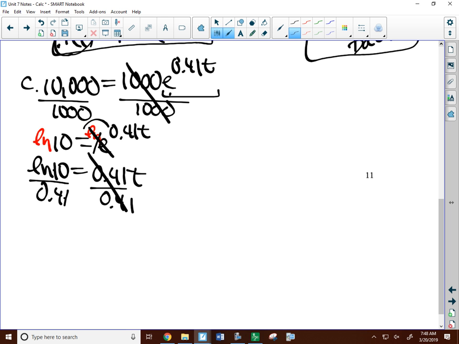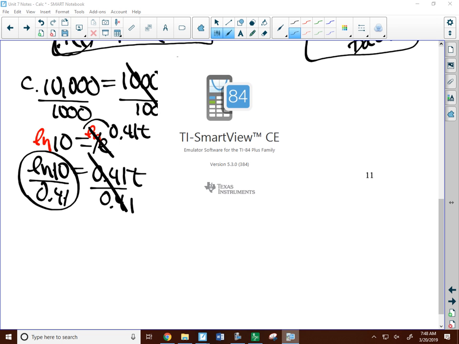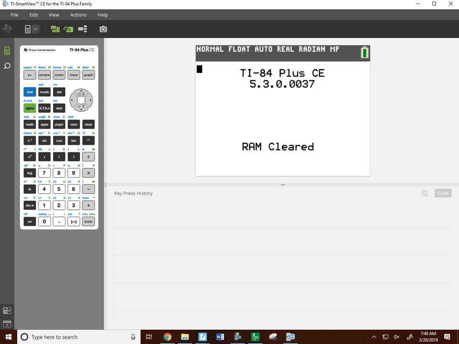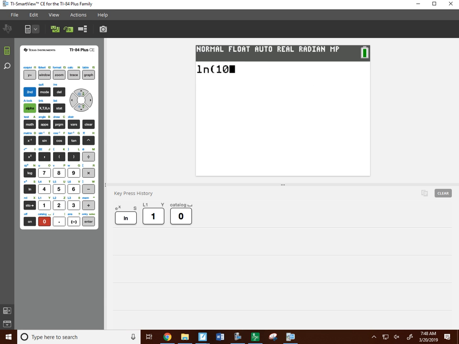So, I mean, this is the value. We can put it in our calculator as well if we want more of a decimal number. Got it. What was it, ln 10? Make sure to close the parenthesis here.